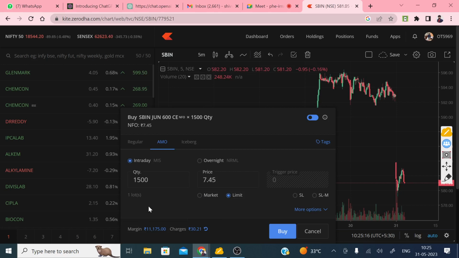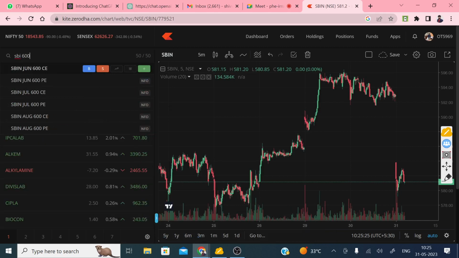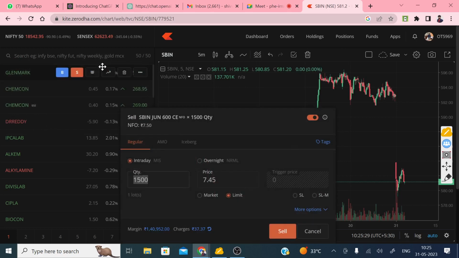So that's your premium, right? Yes. But if I check the same SBI 600, same option, and look at option writing, see this, 1,40,000. This is the difference. So you required the total amount. Are you getting me? So that's the difference.